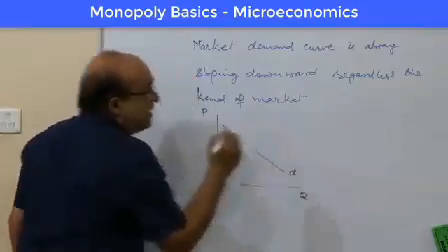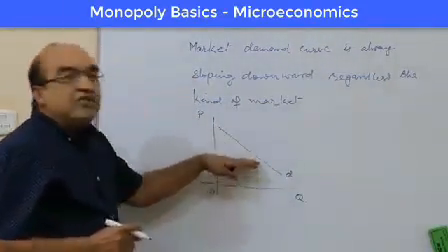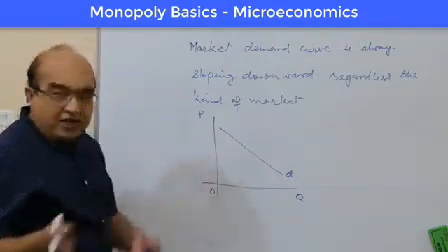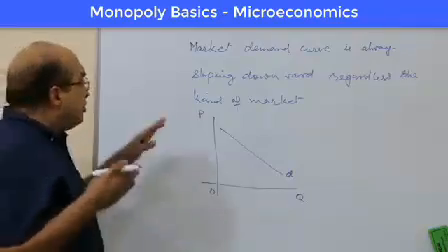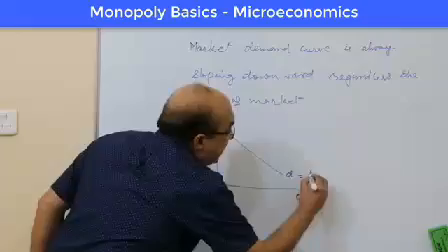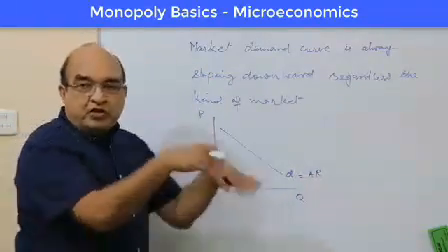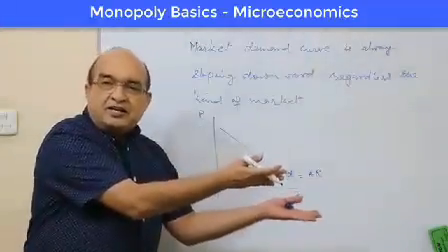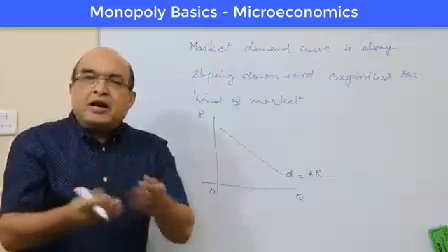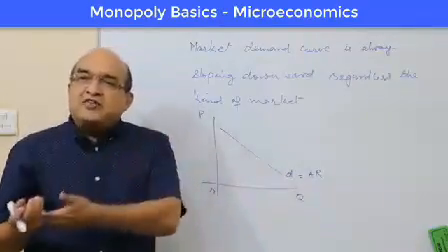This market demand curve shows what amount of quantity will be demanded of that particular product at various price levels. So that will be the firm's average revenue. So the demand curve and the firm's average revenue curve are the same.